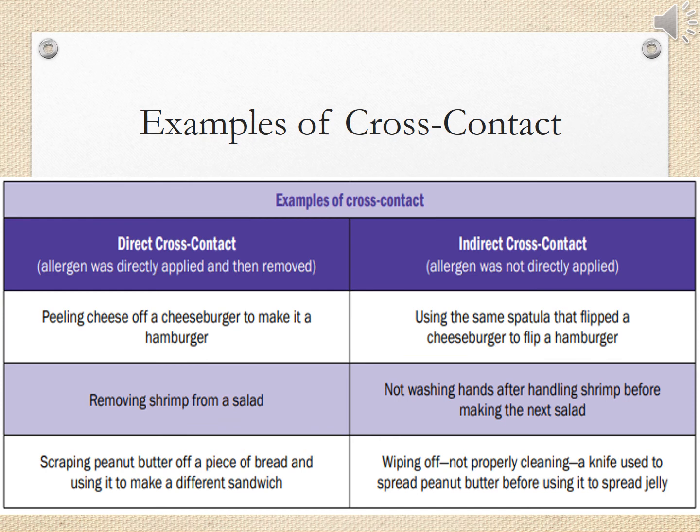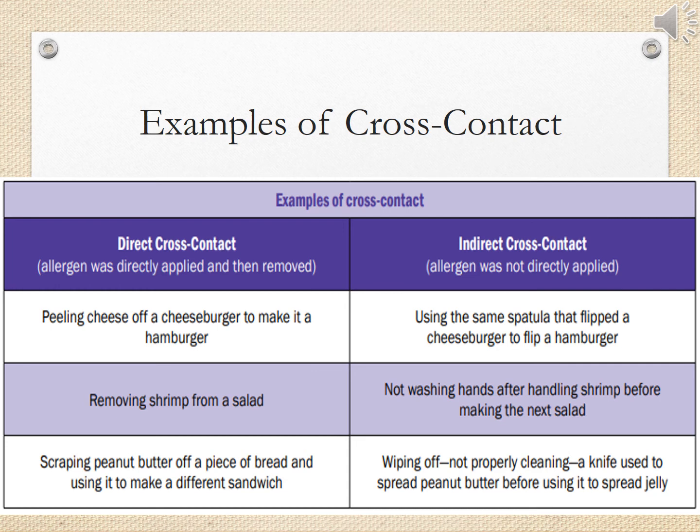Now, FAIR also gives us some other examples from this nice table. Direct cross-contact could come from putting cheese on a hamburger when a student didn't need cheese. Maybe they had a dairy allergy, so you peel the cheese off. You would not remove that dairy protein by just peeling the cheese off.